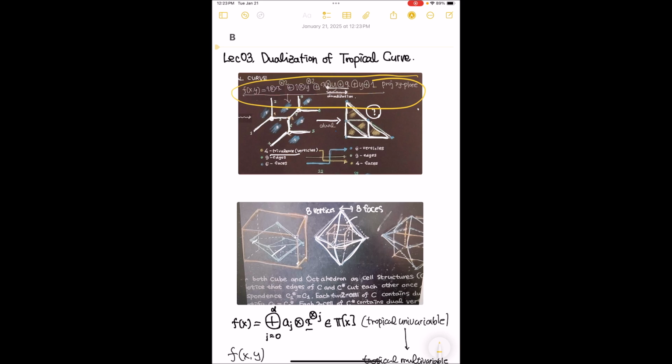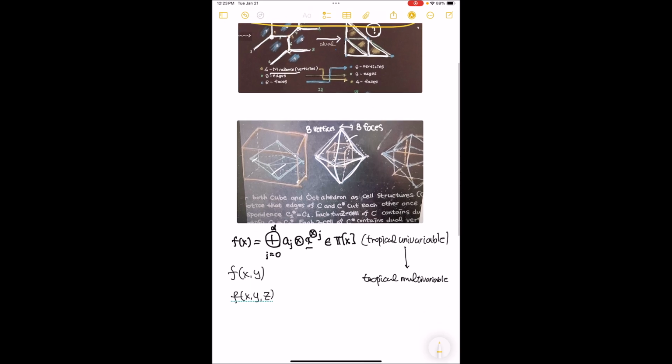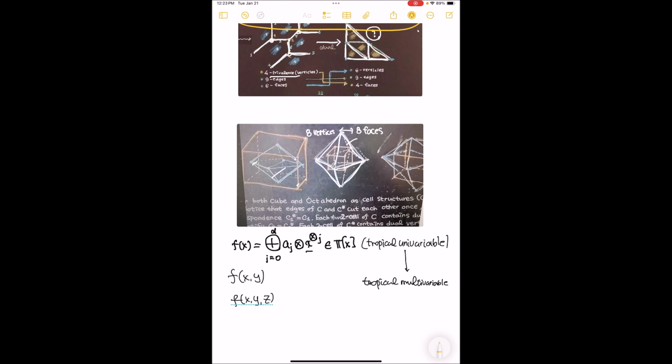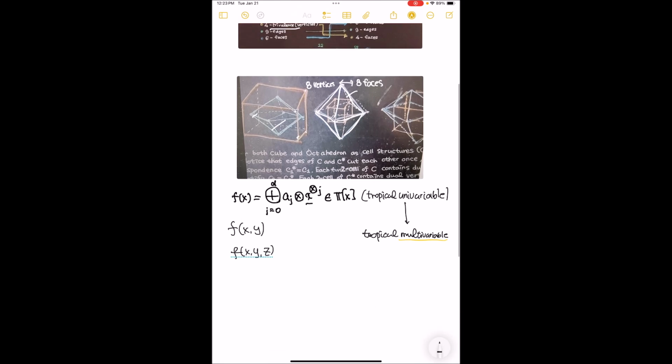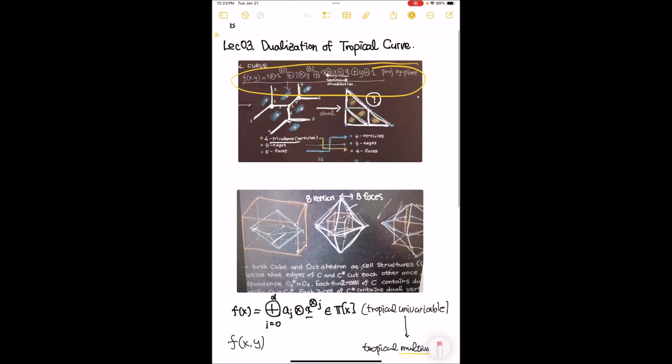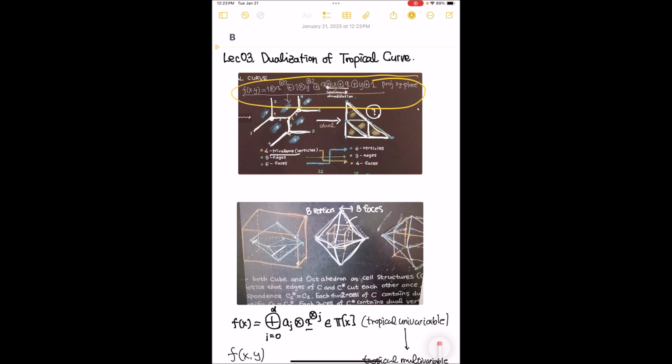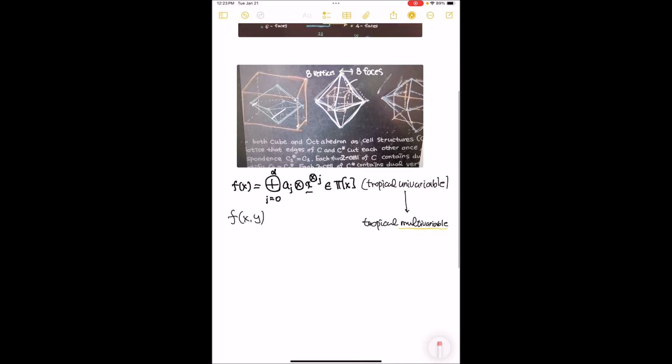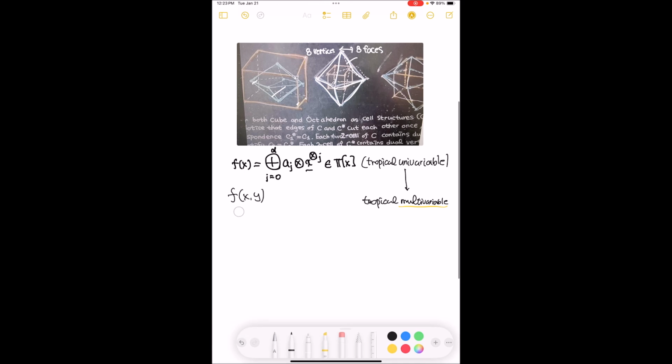But we can generalize how to express a tropical polynomial in multivariable form. We know the following tropical polynomial well. So let's think about again these guys.